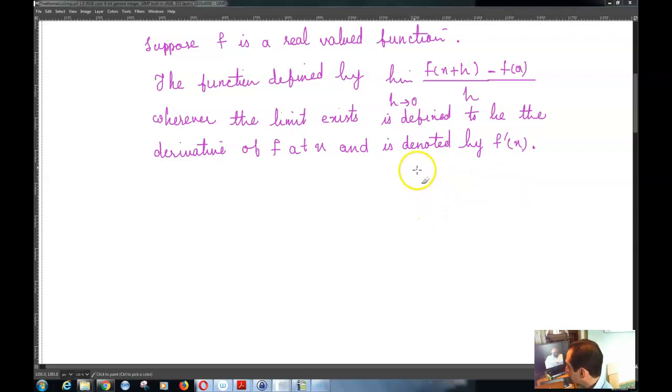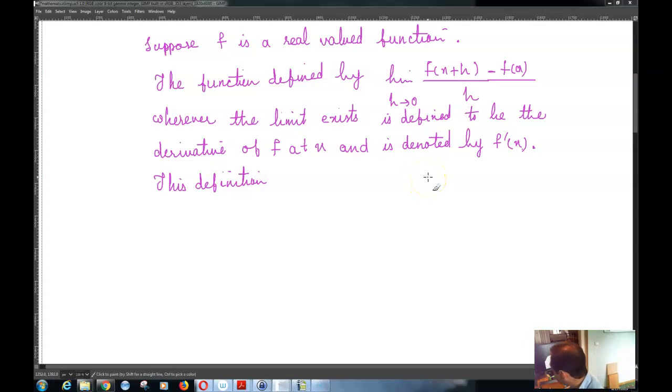So this definition of derivative, okay, so we said that basically as a definition, we said that suppose f is a real valued function, the function defined by the limit of f of x plus h minus f of x over h as h tends to 0, wherever the limit exists, is defined to be the derivative of f at x and is denoted by f prime of x.